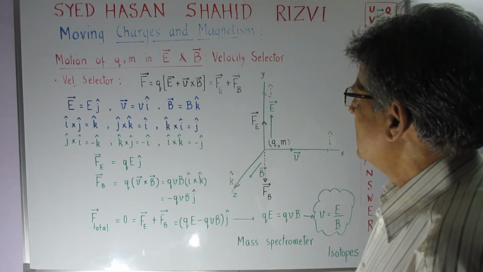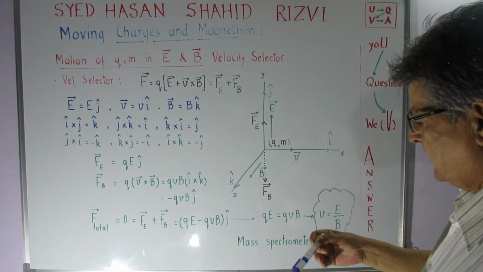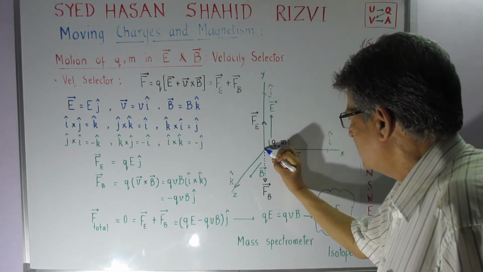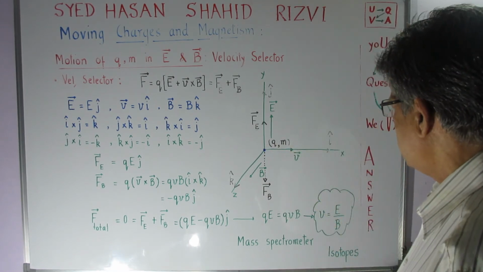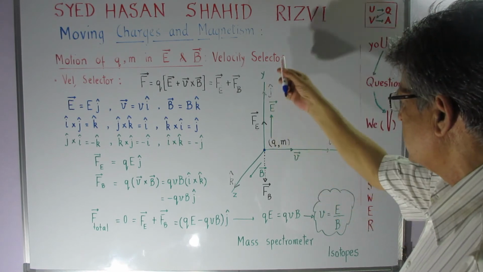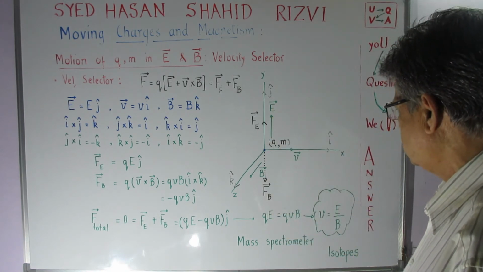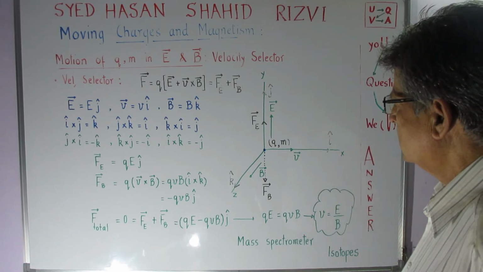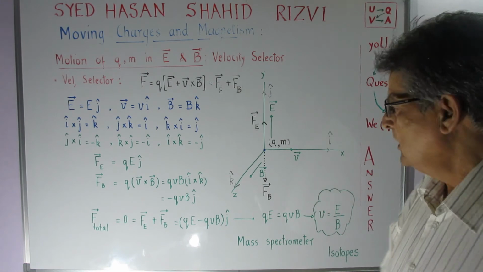So here I have just taken my charge Q, mass M, and this is the x-axis, this is the y-axis, and this is the z-axis, with the unit vectors i, j and k, which I have shown over here.